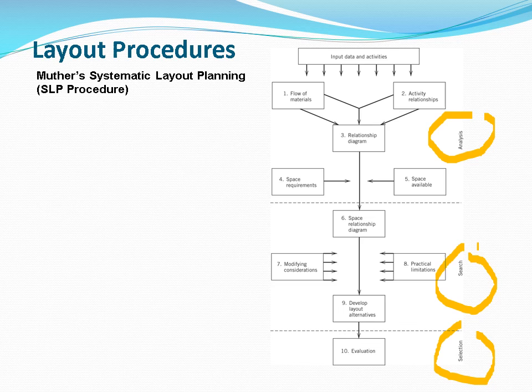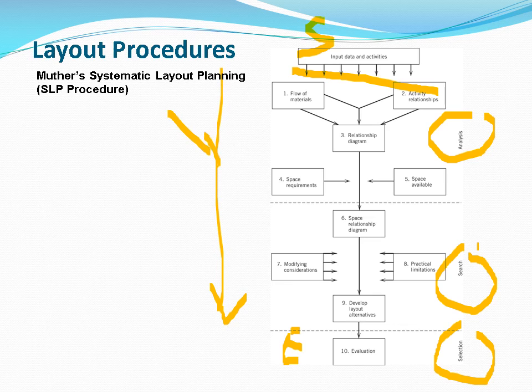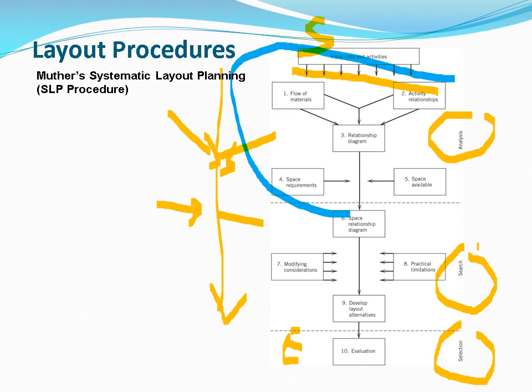In Muther's systematic layout, it incorporates a process map. So there is a start and there is an end. So the flow of the arrows is going down. So you can see it's like a fishbone diagram, right? Space requirement, relationship diagram, activity relationship, the flow of materials is basically under the analyze stage.